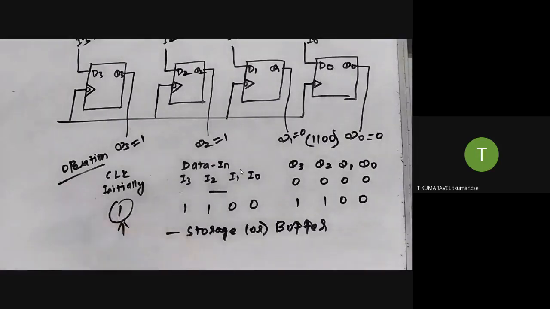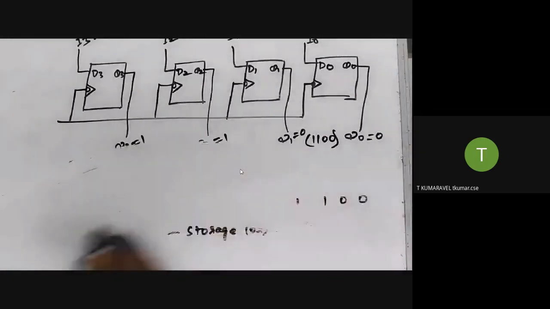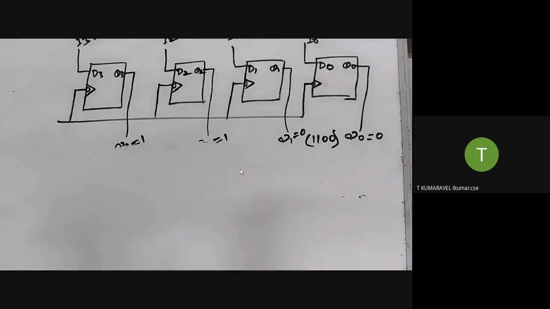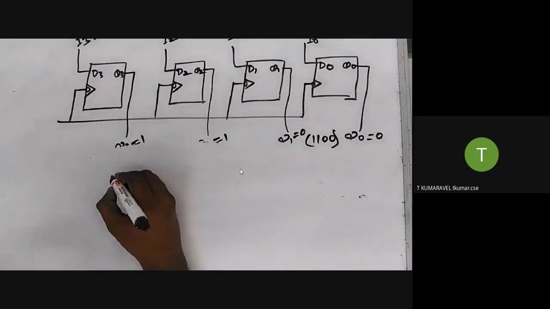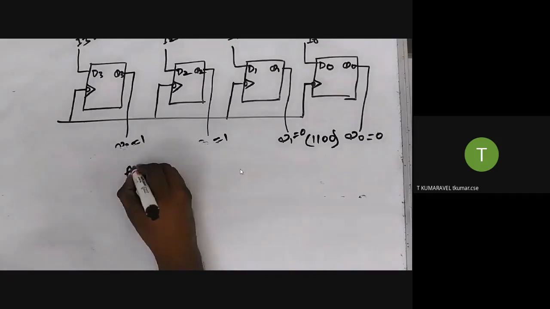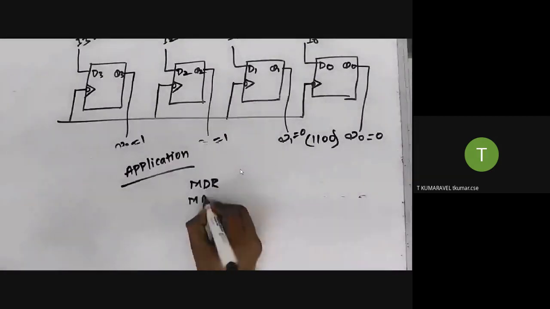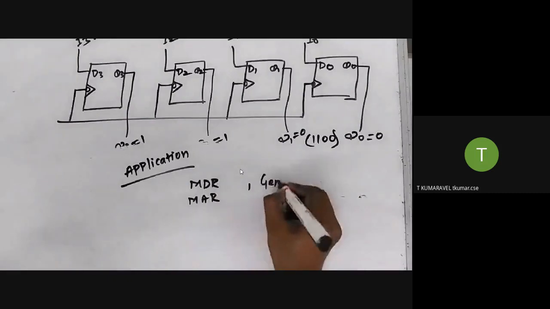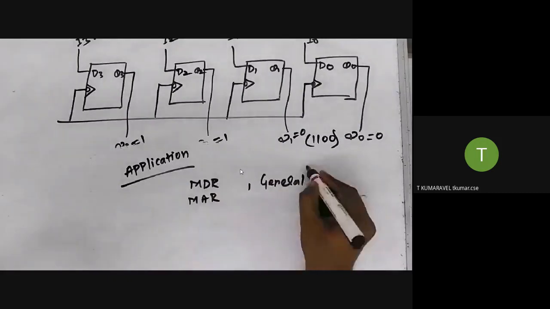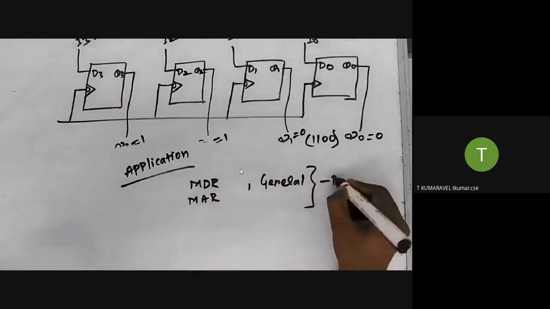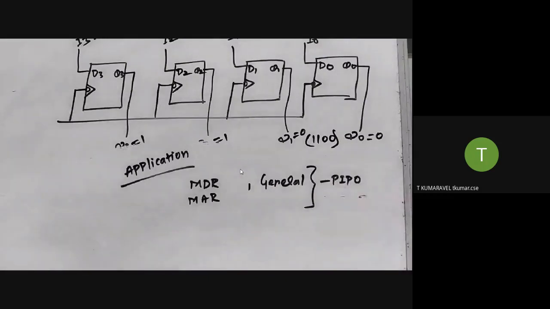That is one of the applications. In computer organization you have studied the general purpose register and the memory address register. So all the registers are based on the parallel in, parallel out concept.